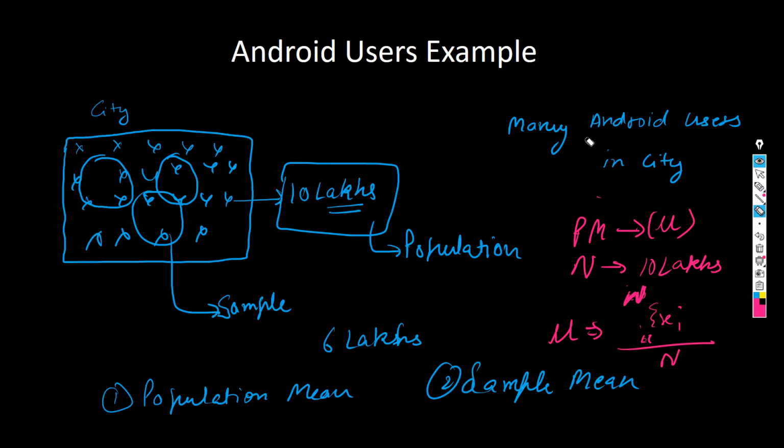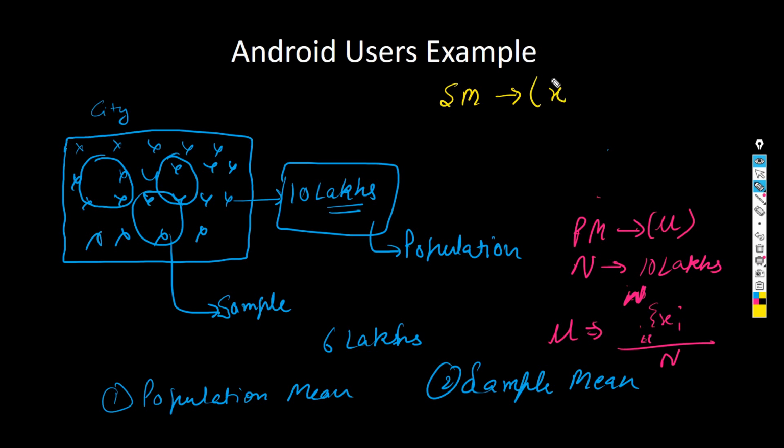Let me rub this and show you the meaning of sample mean. Suppose I'm identifying it with the help of the sample mean. First of all, try to understand that this is denoted by x bar, the sample mean. And whenever we talk about the number of users in this example, it is identified with a small n, while in the population mean it was identified with a capital N. That is a small difference we have to know.